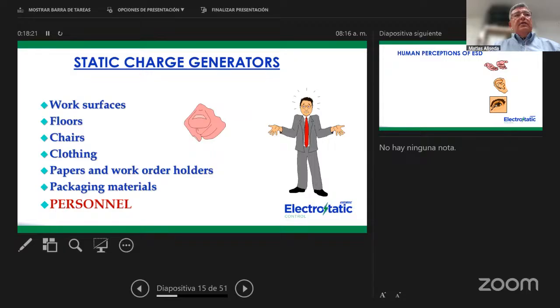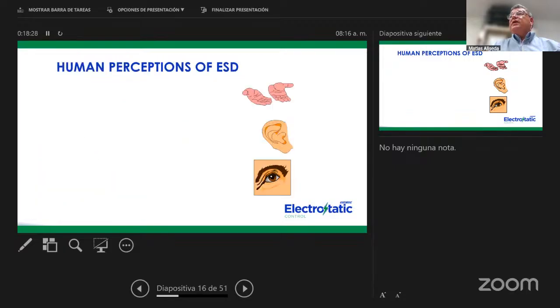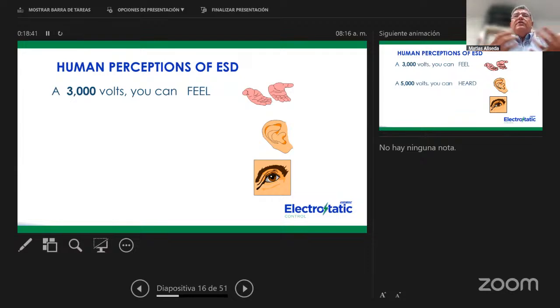I am starting to talk about solutions for ESD charge, but this is one of the things I always include: how much is too much? Human perception threshold is 3,000 volts. To feel a discharge, to feel a zap, it takes more than 3,000. To hear it, more than 5,000.